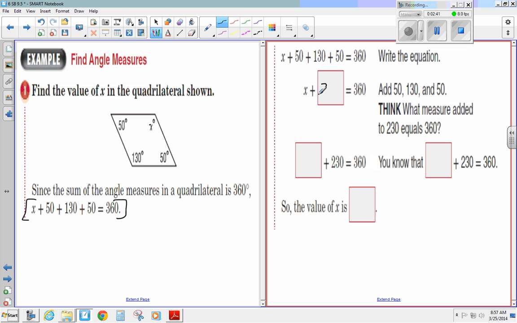I think that's 230. And then use some mental math for right now: what measure added to 230 equals 360? So 130 plus 230 equals 360. Now we know the value.